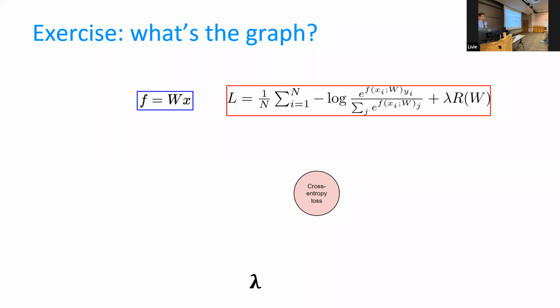It's a normalized sum. And then I didn't quite follow what the lambda R does. That's just taking all of our stuff plus that difference. So the question is whether lambda R(W) is inside the sum, or lambda R(W) is outside the sum.